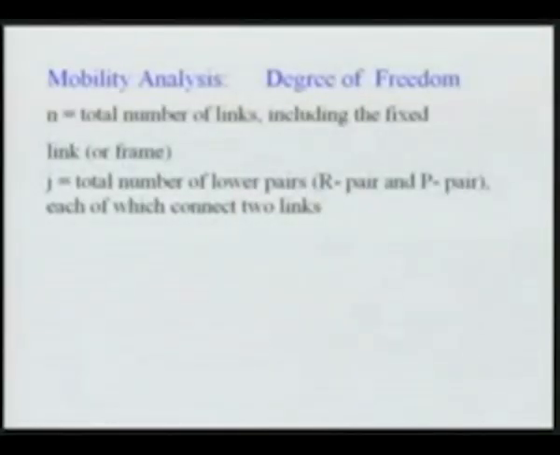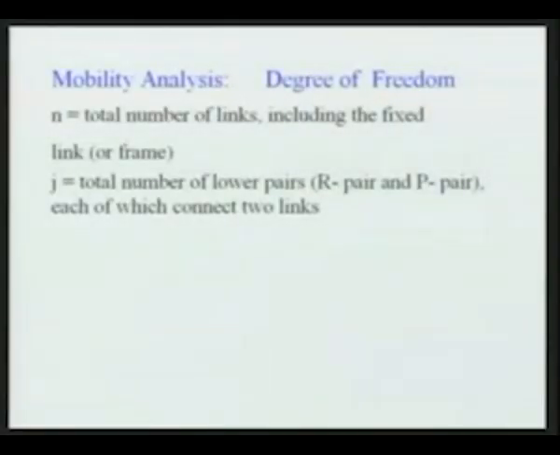Let these n links be connected by j number of lower pairs. By lower pair in a planar mechanism, we mean either a revolute pair or a prismatic pair, and each of these kinematic pairs connects only 2 links. We also recall that whether it is a revolute pair or a prismatic pair, at each of these pairs, 2 degrees of freedom are curtailed and only 1 out of 3 is maintained.